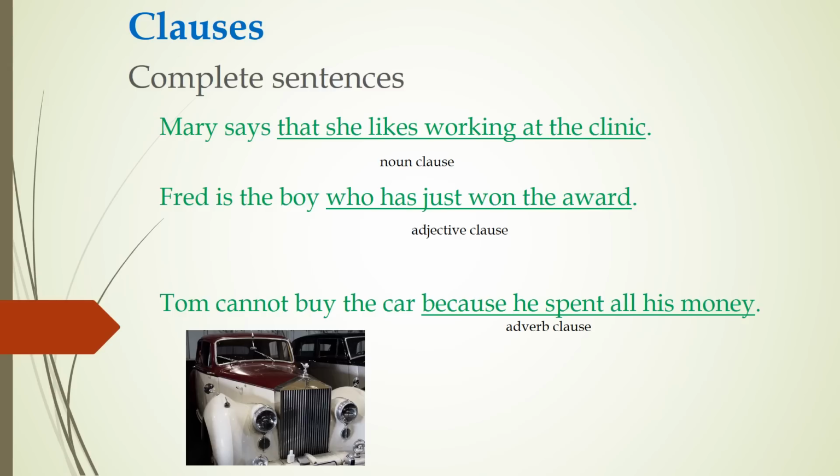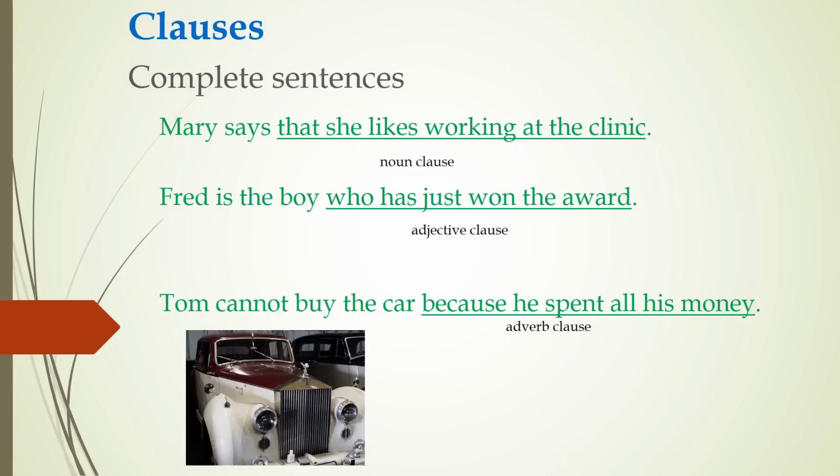Now remember, independent clauses are full sentences, but dependent clauses are not. But we can take the dependent clauses from the previous screen and add another clause to it or some more information and create a full sentence. For example, Mary says that she likes working at the clinic. So here we have the noun clause that we had in the previous screen, and we've added Mary says and created a complete thought.